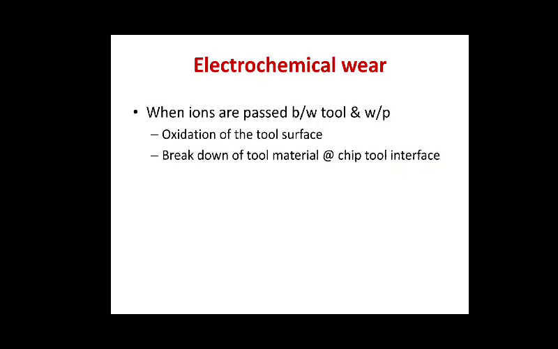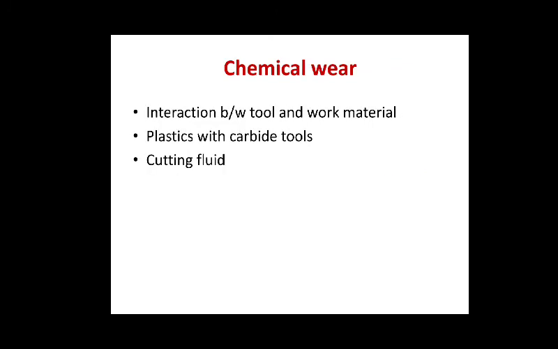Effects can be reduced by fine grain size of the tool and a lower percentage of cobalt. Electrochemical wear: when ions are passed between tool and workpiece, oxidation of the tool surface occurs, causing breakdown of tool material at the chip tool interface. Chemical wear is due to interaction between tool and work material, plastics with carbide tools, and cutting fluids.